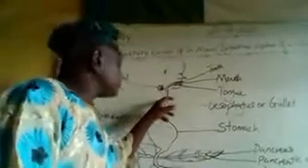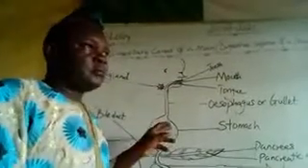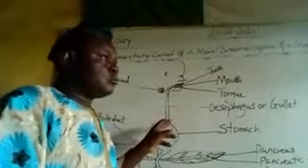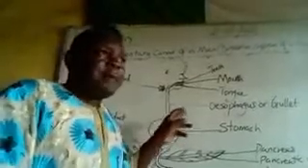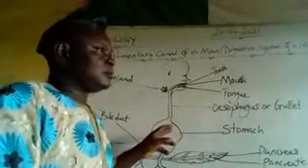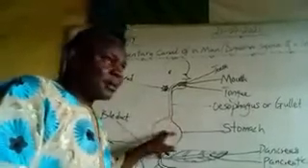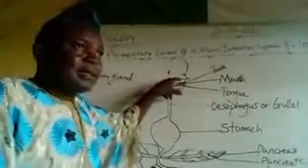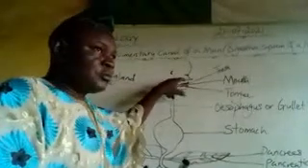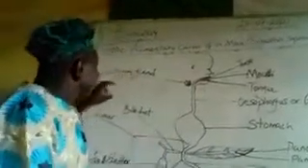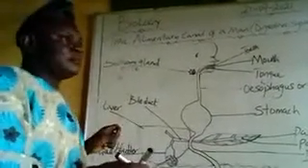And it moves downwards through a peristaltic movement. The food will move downwards to the stomach. For information, digestion of starch starts from the mouth. There is an organ called the salivary gland.